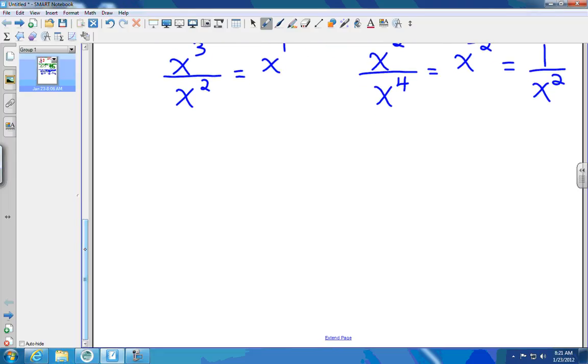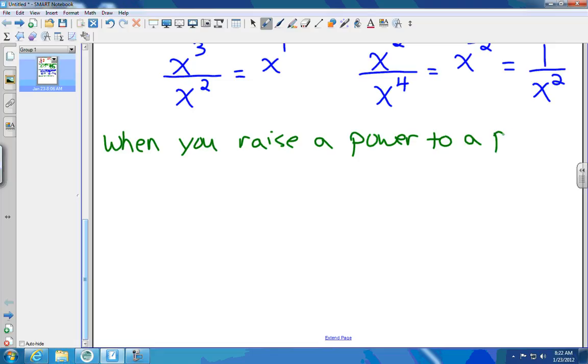Over on the next page, one more box of rules. Power to a power is another rule you'll have to remember. When you raise a power to a power, you multiply.